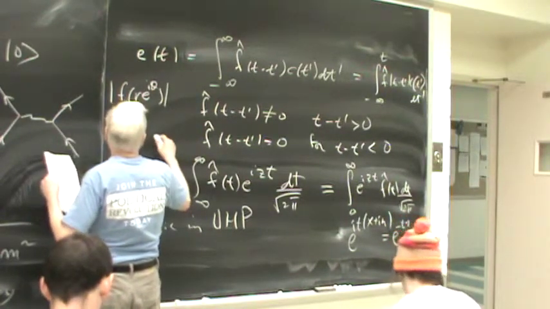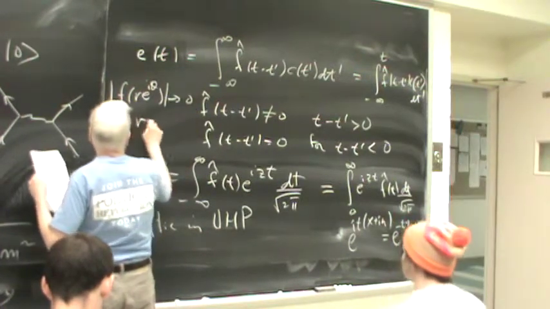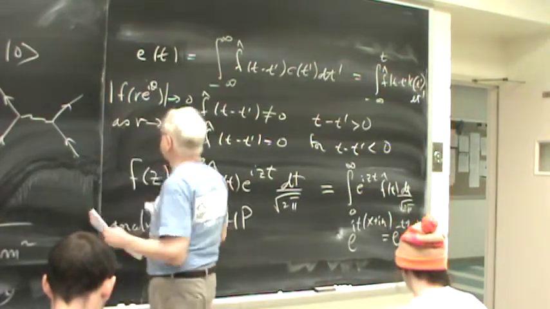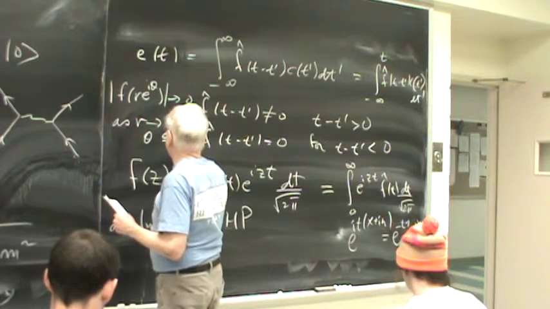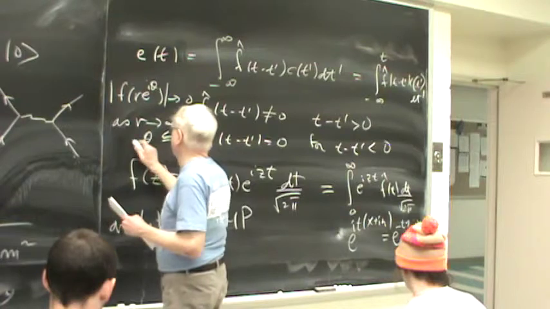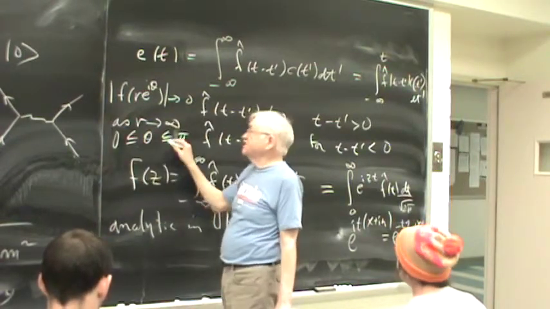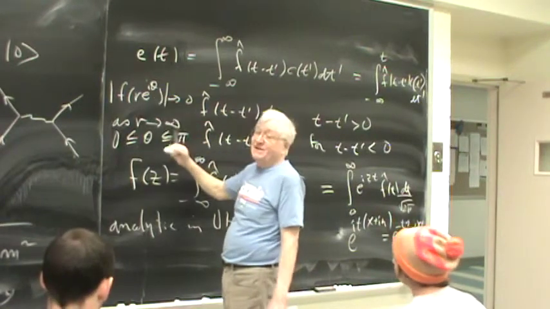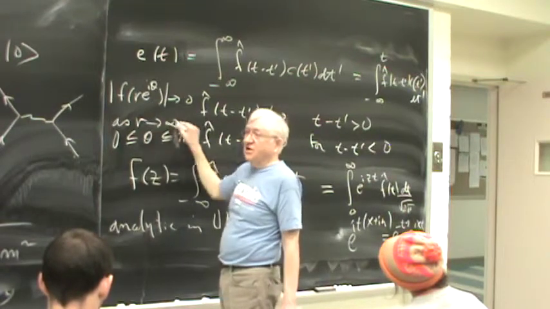And what we want to say is that the limit of this is 0 as r goes to infinity. Theta is between 0 and pi, so that r e to the I theta is in the upper half plane, or maybe on the real axis, and it goes to 0 as r goes to infinity.